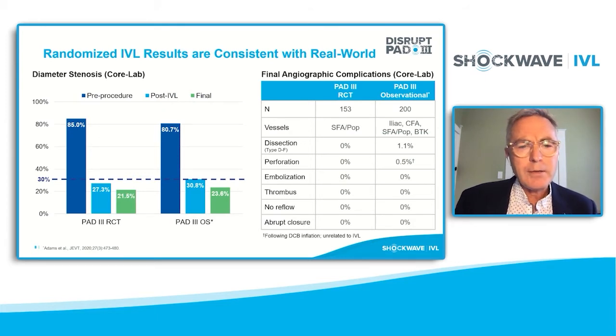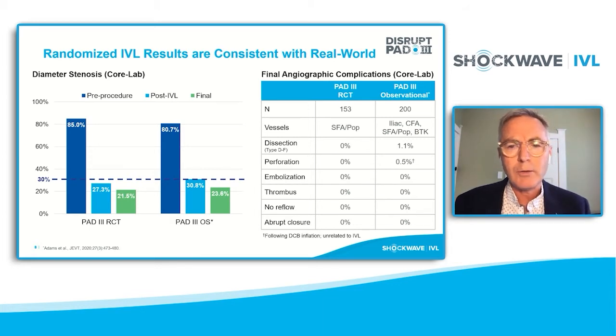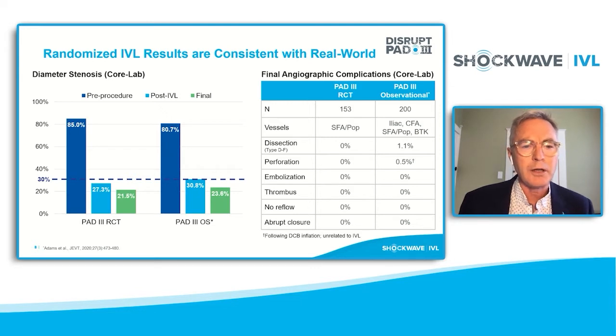We can see if we compare the DISRUPT 3 randomized controlled trial to the first 200 patients seen in the wider observational registry where IVL was used in a number of lower limb arterial locations, that actually a very similar pattern. The pre-treatment lesion severity was similar, but then we saw this very impressive improvement in stenosis severity reduced to below an exploratory endpoint of 30%.